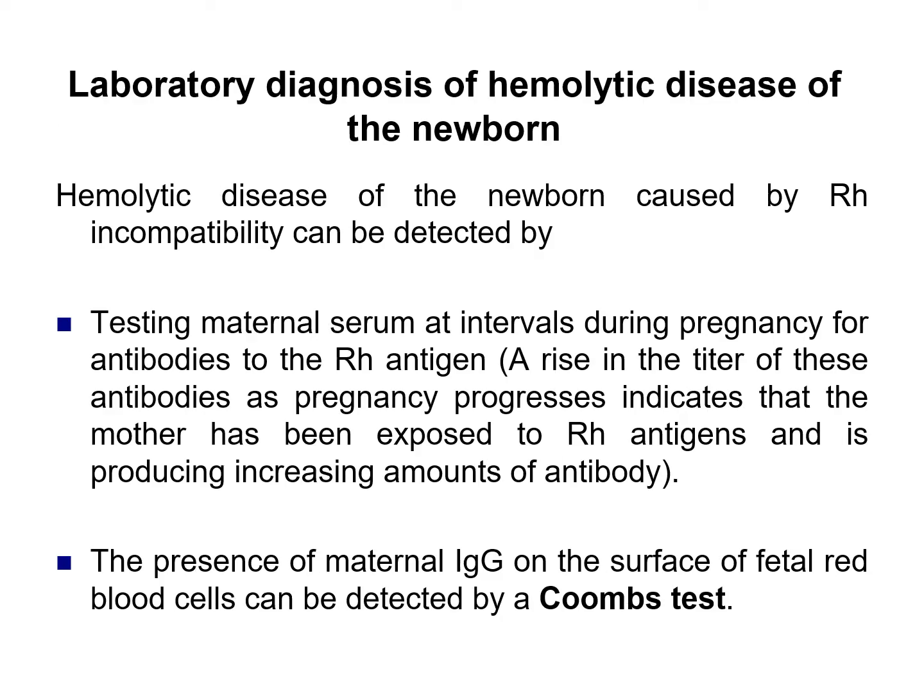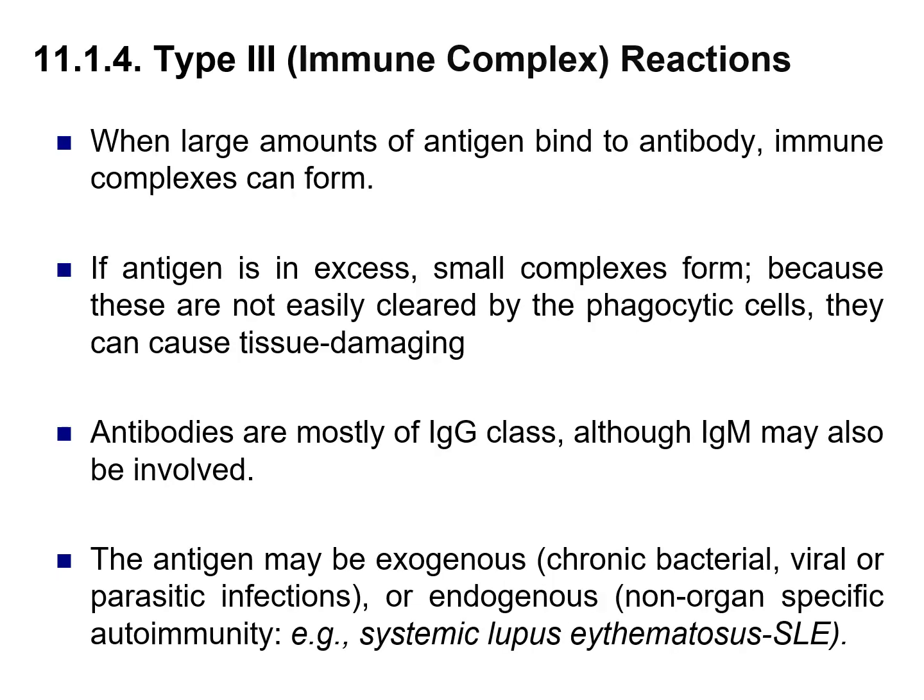So this topic, hemolytic disease of the newborn, HDN, or erythroblastosis fetalis, is also taken up in blood banking, so I'm not going to talk much about this, except that the IgG that coats the fetal red cells can be detected using the Coombs test.